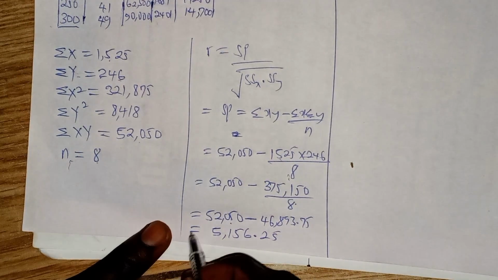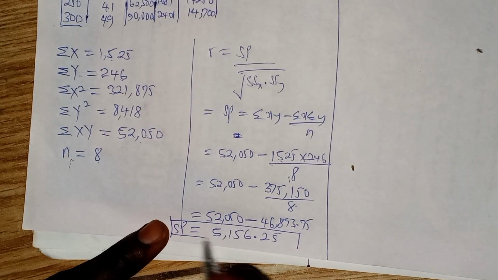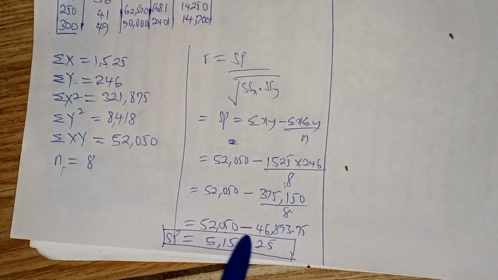5,156.25. So this is our SP, sum of cross product, 5,156.25.